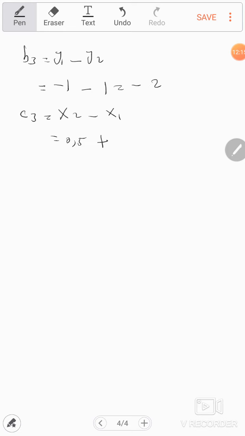It will be minus with minus, it will be positive, positive 1.5 equals 2. So I find all the values for the B matrix and just substitute in your matrix, that's all.